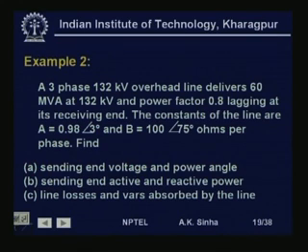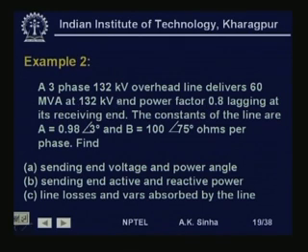Now, this problem states a 3-phase 132 kV overhead line delivers 60 MVA. Mind it, this is 60 MVA, not megawatt. 60 MVA at 132 kV and power factor 0.8 lagging at its receiving end.